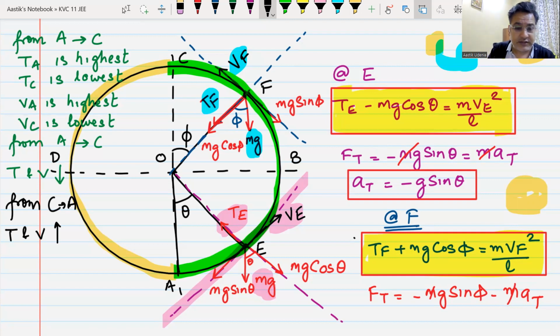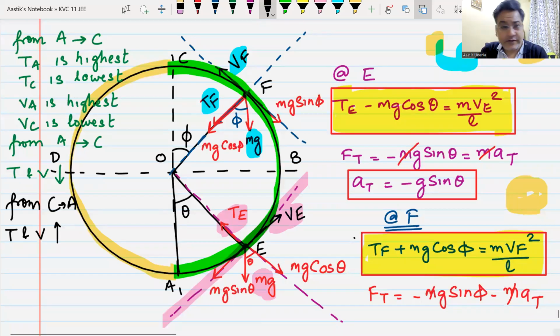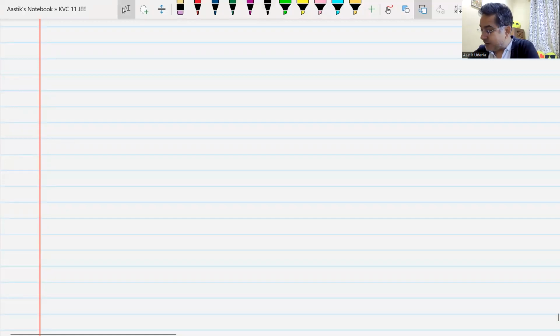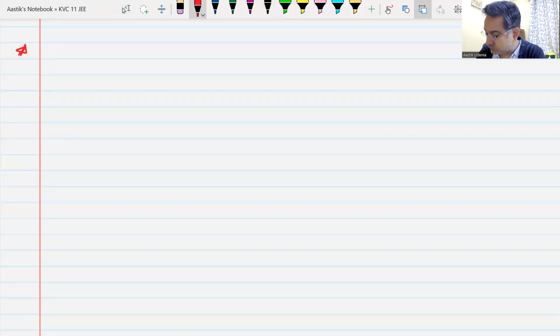From A to C, tension and velocity will decrease. Do we understand this, everyone? I'll give you 2 minutes to note this down. Whatever we are noting are very, very important points.